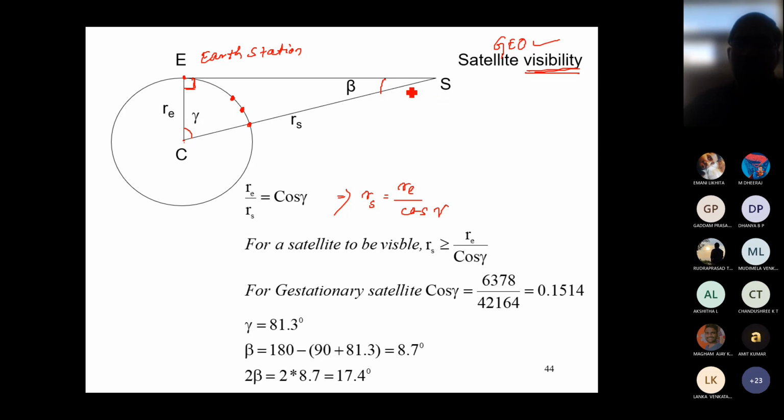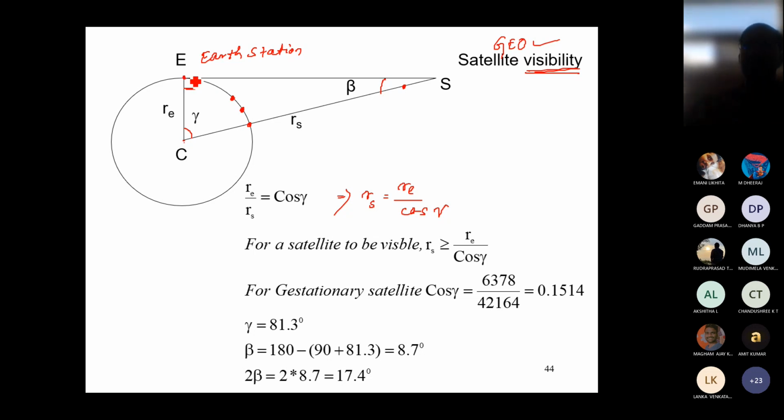If I assume the satellite is here, instead of this, then in that case, this satellite will not be able to communicate with this point. Why can it not communicate? Because the satellite is below the horizon of this earth station. Okay, this particular line represents the horizon. So the satellite is below the horizon, so the satellite will not be visible to the earth station.